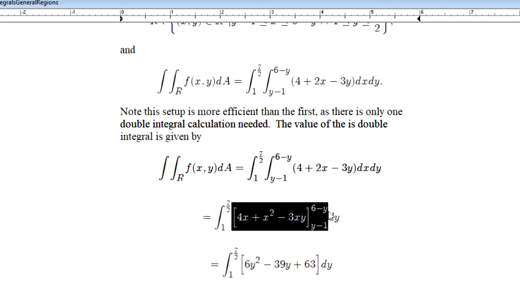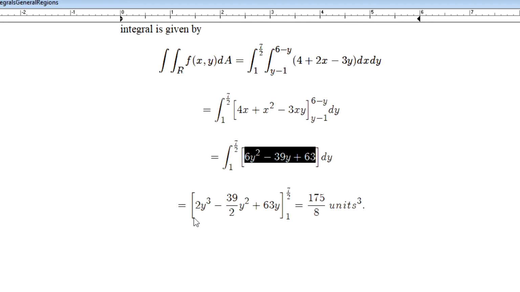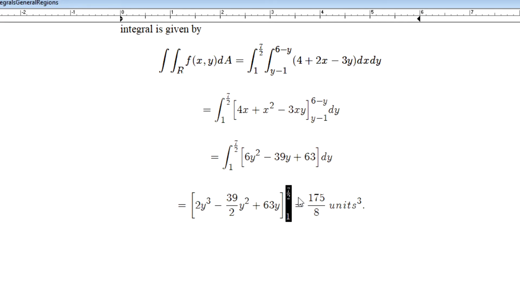When we evaluate that across these bounds from y minus 1 to 6 minus y, taking it at 6 minus y and subtracting this value at y minus 1, for values of x, that does produce this quadratic function in terms of y, where I can now come back and integrate that with respect to y across the bounds from 1 to 7/2, which produces this as our antiderivative, and when evaluated across these bounds from 1 to 7/2, produces a final result of 175/8 units cubed.